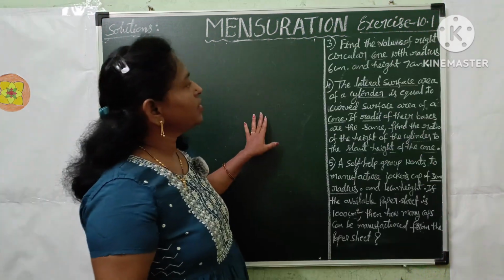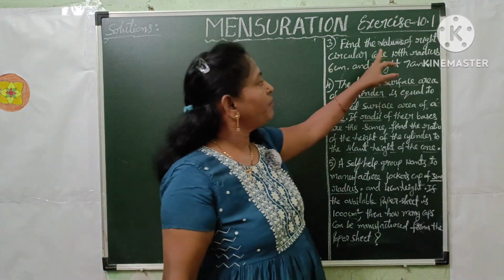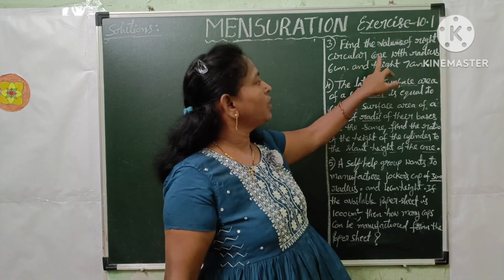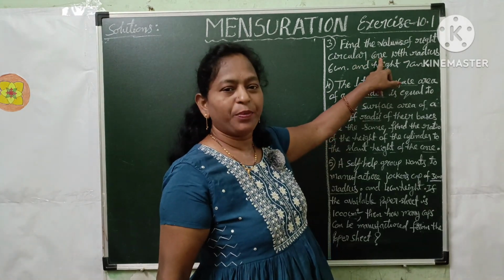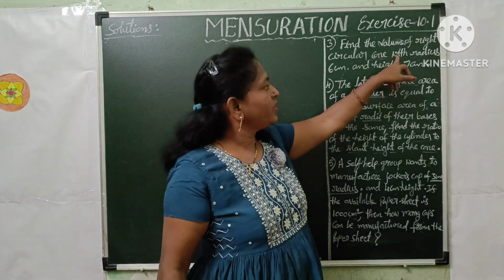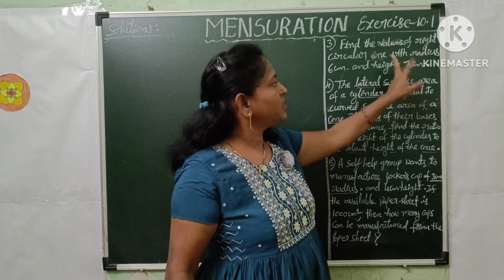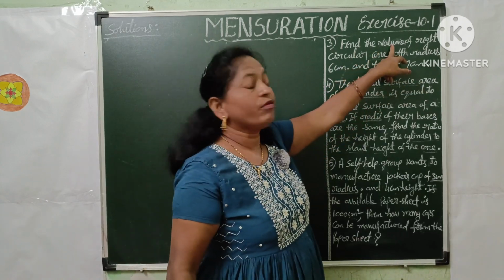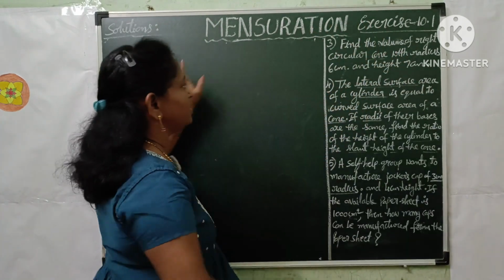The third question: find the volume of a right circular cone. Here the shape is a cone with radius 6 and height 7. We need to find the volume. Simple question this is.